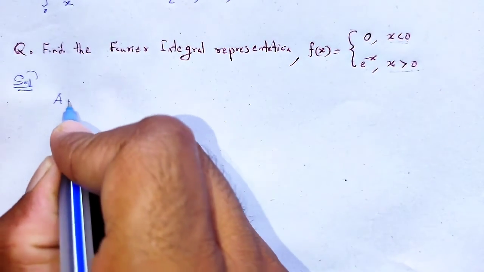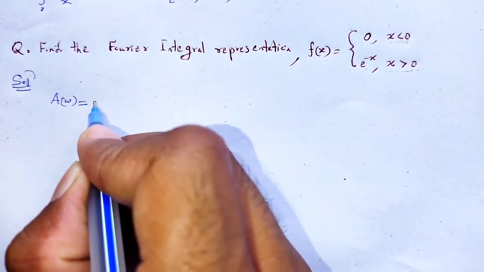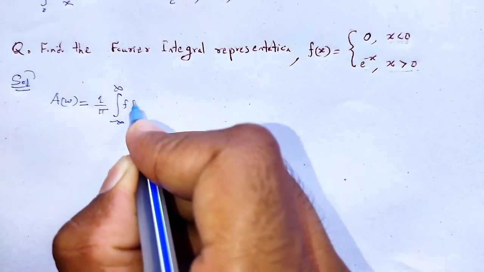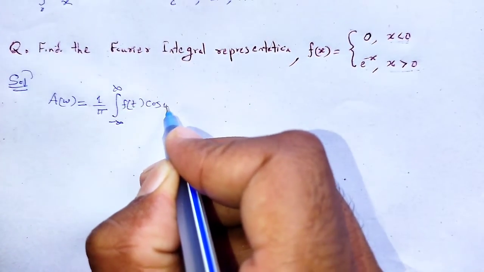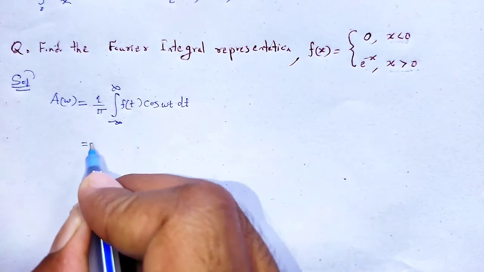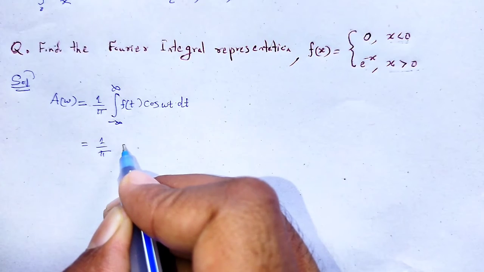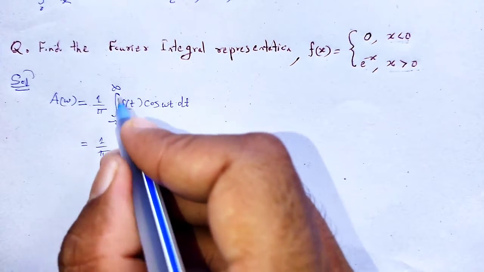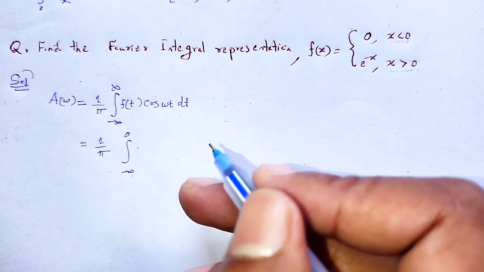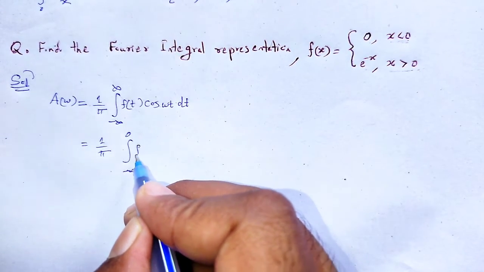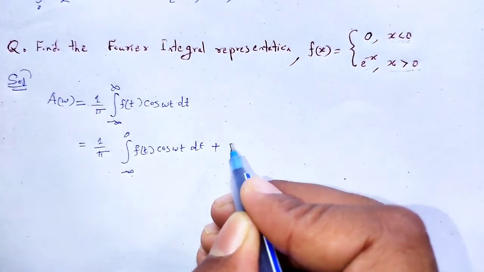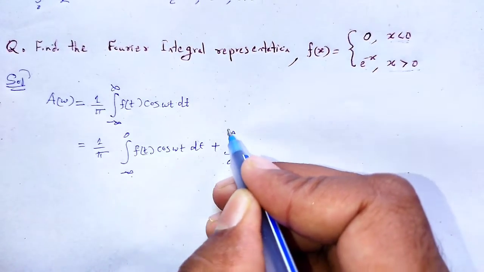As we know, a of omega is 1 by pi integration from minus infinity to plus infinity of f of t cos omega t dt. The limits minus infinity to plus infinity can be written as minus infinity to 0 plus 0 to infinity. So, 1 by pi integration of f of t cos omega t dt from minus infinity to 0, plus 0 to infinity.